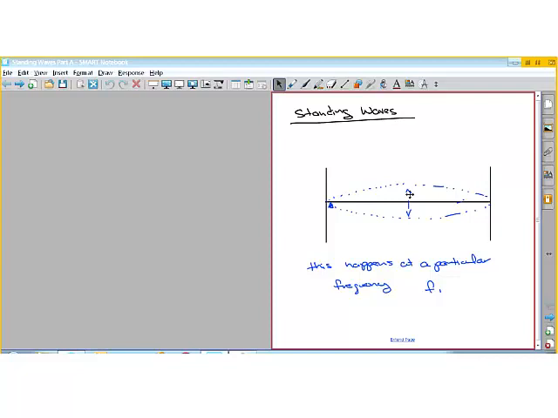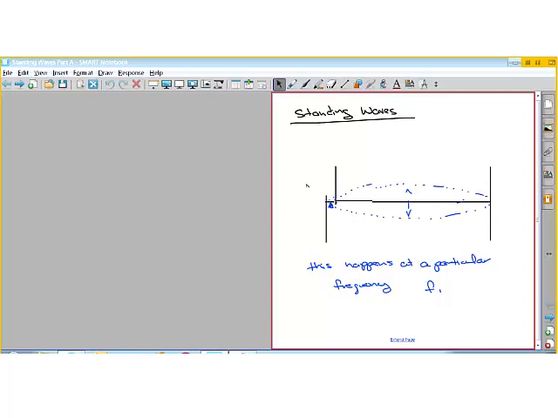So you get the constructive interference at the center and destructive interference at the end as the waves bounce back and forth. So this wave shape occurs at what we would call the fundamental frequency of this string with a certain weight and a certain tension.